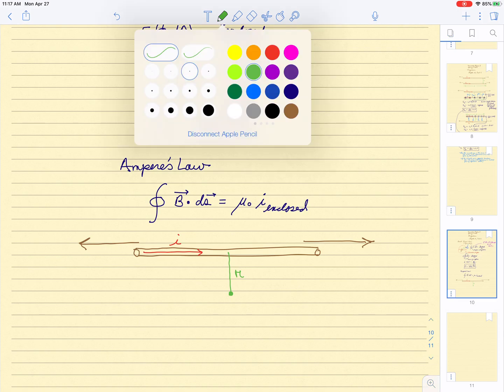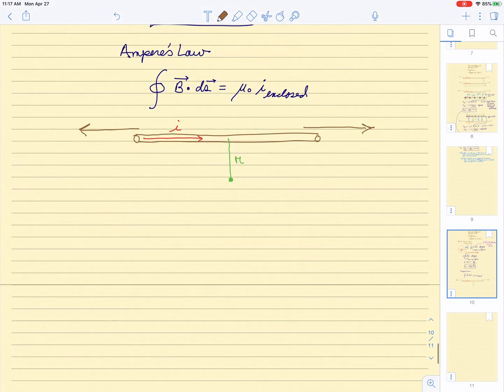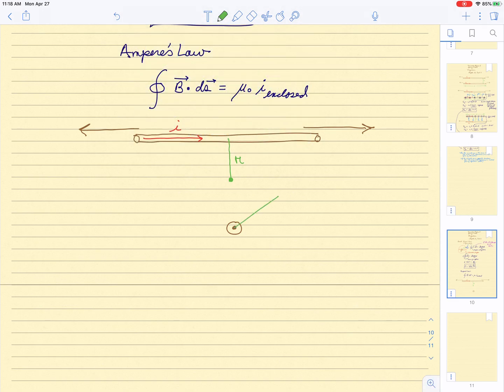So if we were to rotate this wire by 90 degrees and have the current coming out at us, just going to spin that wire around. So current's coming out, and we want to know what the magnetic field is a distance r away.